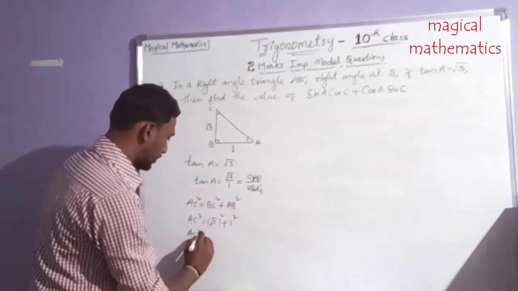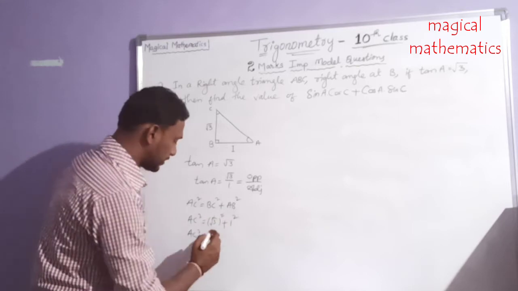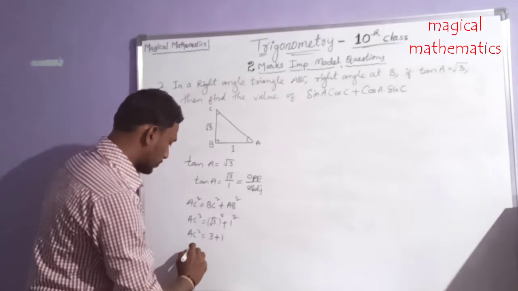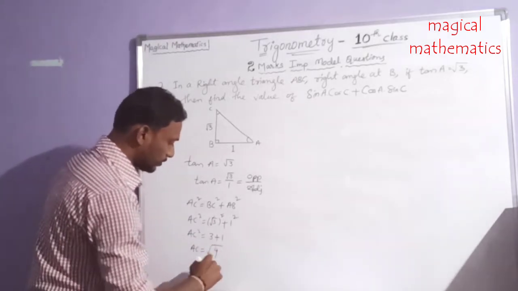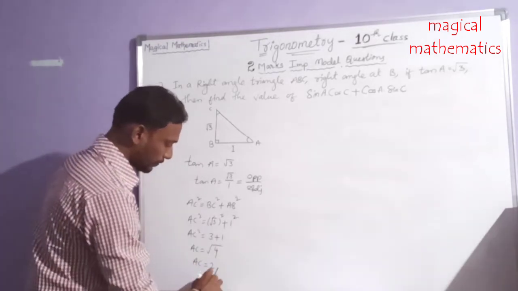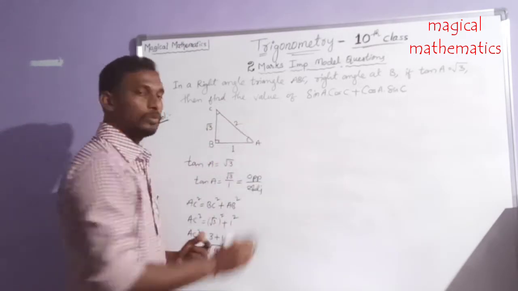So AC square is equal to root 3 square, and square root and square cancel, so 3 plus 1 square means 1 only. So AC is equal to under root of 4, so AC is equal to 2. So the length AC we got is 2.